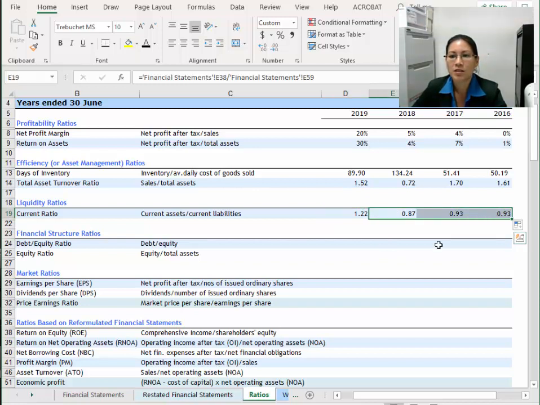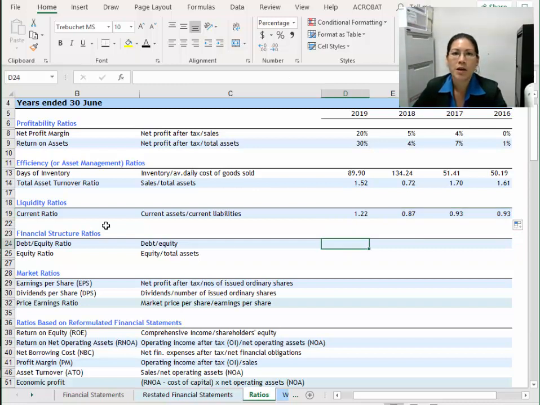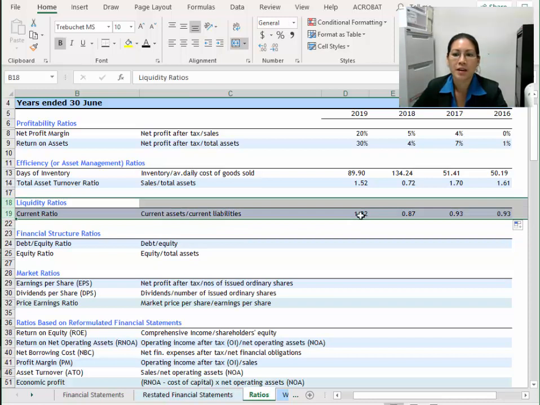But over the last 3 years, not good. Haven't even had 1-to-1. Haven't even had a dollar of current assets to pay a dollar of current liabilities. So the trend is increasing, which is a positive thing in terms of liquidity. Okay, Martin often says the only way a company can go bust is to run out of cash, and this is a good indicator of whether that may be a problem.